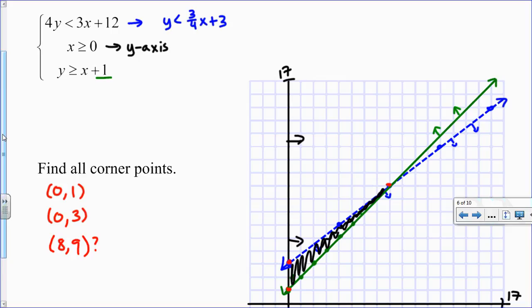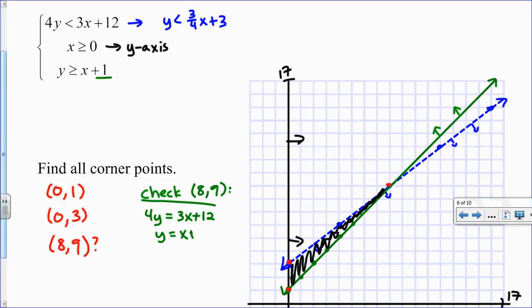Another way, because let's say your guess is really off, another way you can be sure is to solve the system. So check 8, 9. So I'm going to look at those two lines as equations.